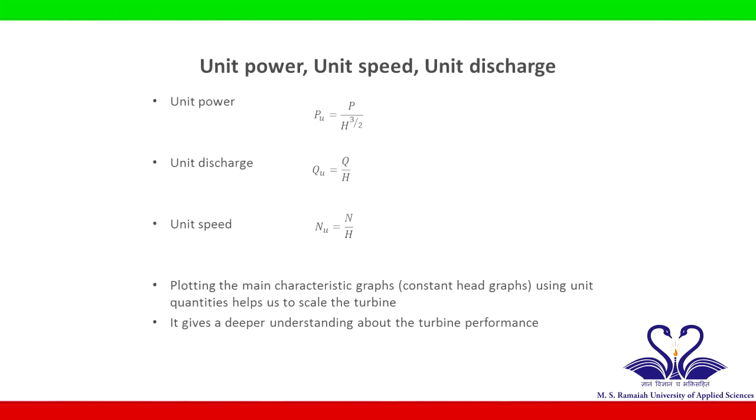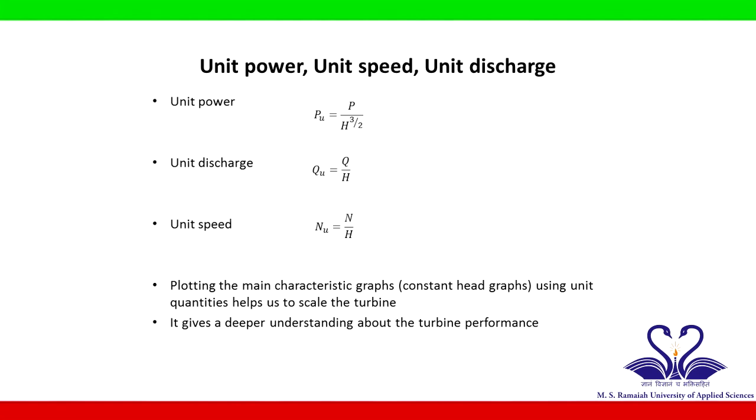On similar scales as the specific speed, unit quantities also can be calculated. Unit power is defined as the power developed by a turbine working under a unit head and is given by Pu = P / h^(3/2). Unit discharge is defined as the discharge passing through a turbine which is working under a unit head, which is given as Qu = Q / √h.